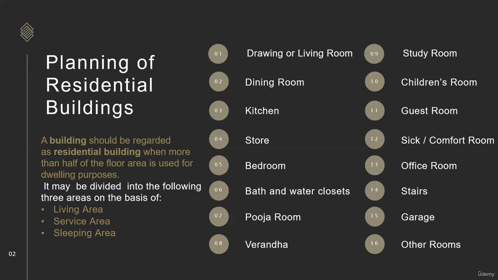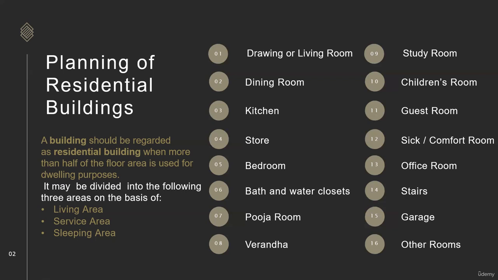So what is the living area, or what are the things that come under the living area? The living area includes the entrance foyer, or we can say a veranda, the drawing room and the dining room. Sometimes the veranda and the living room will be there; that depends upon the size of the structure. So what is the purpose of the living area?